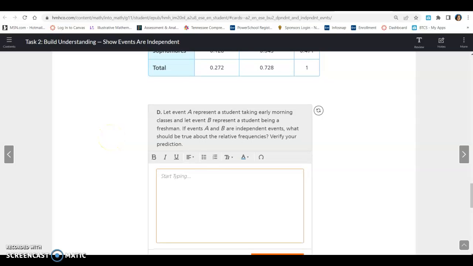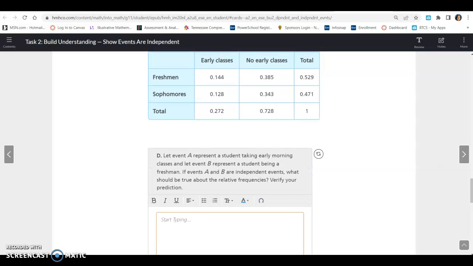So let's see what the question says. Let event A represent a student taking early morning classes, and let event B represent a student being a freshman. So we've got early morning classes and freshmen. If events A and B are independent, what should be true about the relevant frequencies? Verify your predictions.